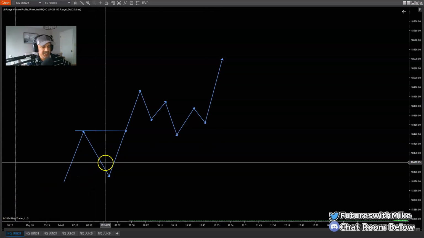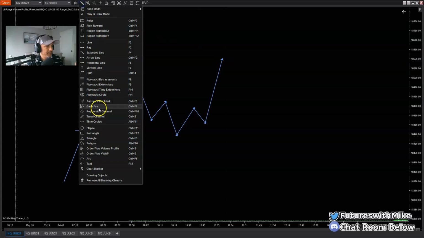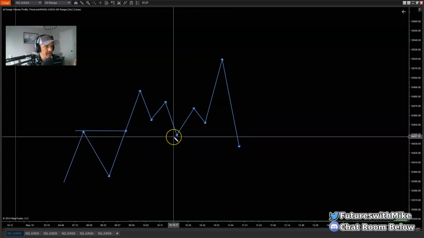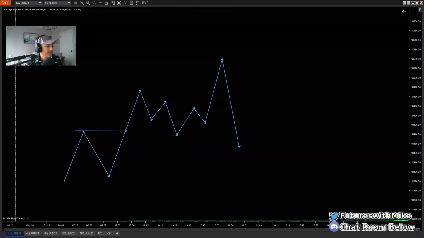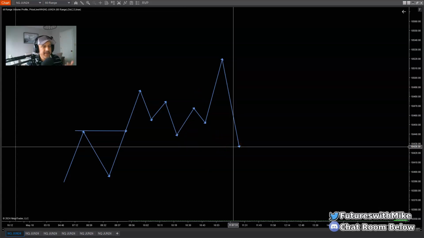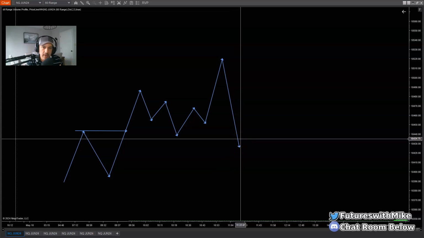Now, let's say this was the 120 range chart, and we saw the market actually break below this first area, like right here. Then this would be a structural break to the downside, and we can potentially start looking for opportunities for the market to go short.